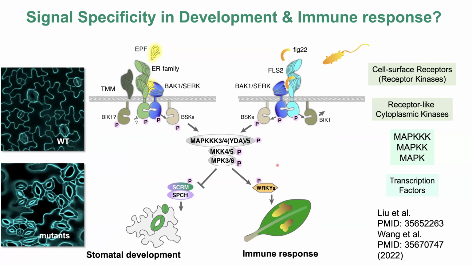However, more recently, two papers were published saying, wait a minute, YODA and MAPKKK3 and 5 actually function redundantly in both stomatal development and the immunity pathway. But if this is the case, we come back to the original question of what determines the signal specificity.